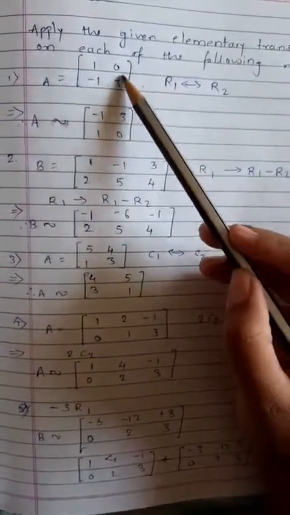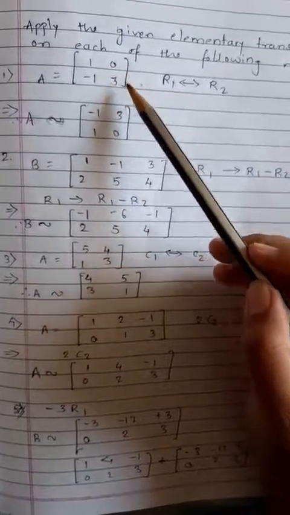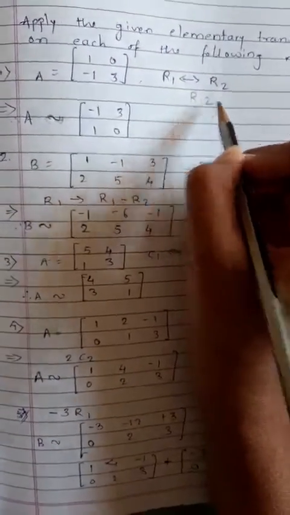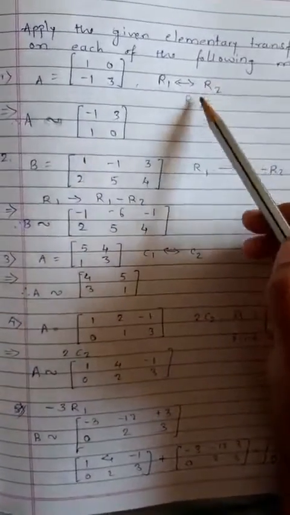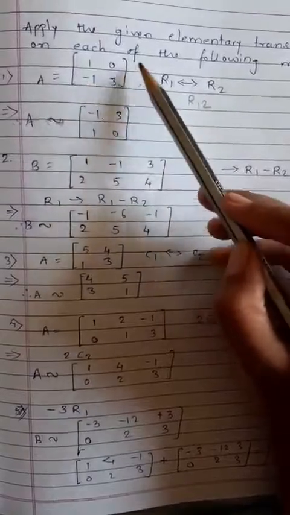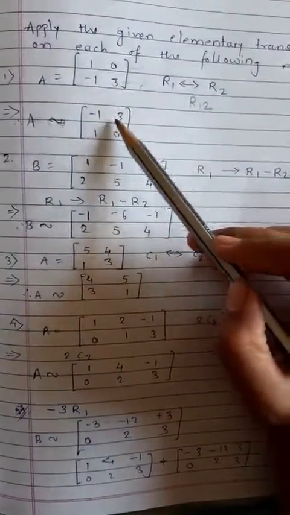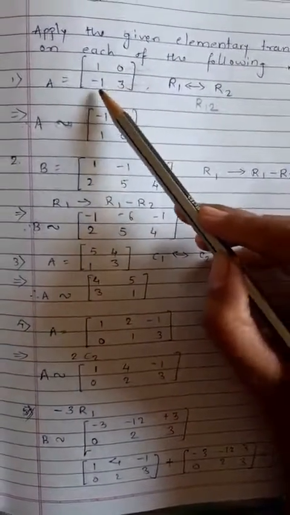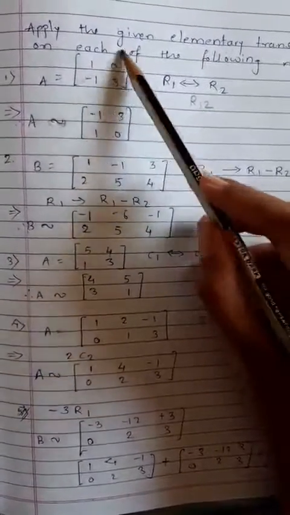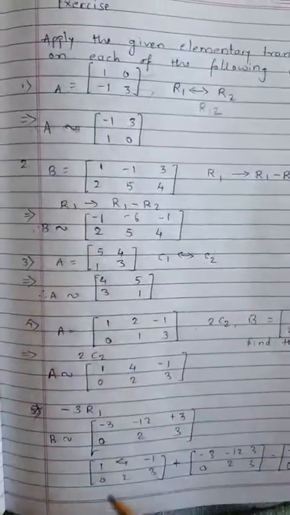In this matrix you just have to interchange the rows. Or you can write it like this also, R1 and R2. Both symbols are the same. Here this is the first row, this is the second row, you just have to interchange the rows. So the second row will become the first row, minus 1 3, and the first row will become the second row.